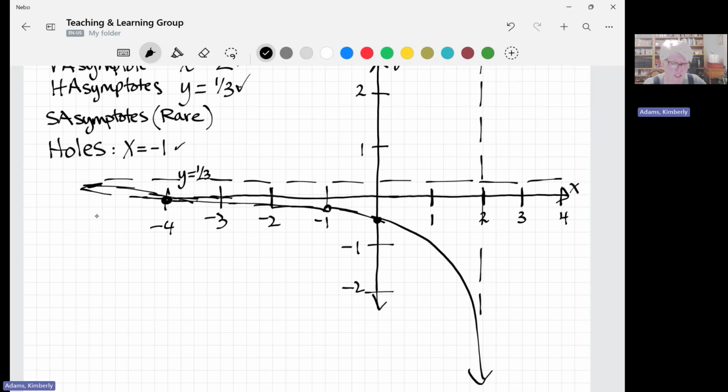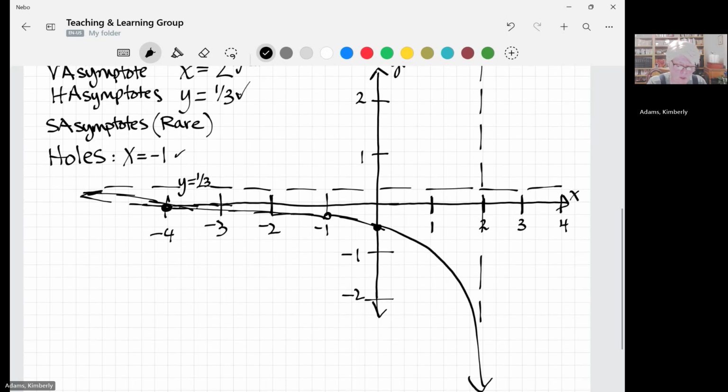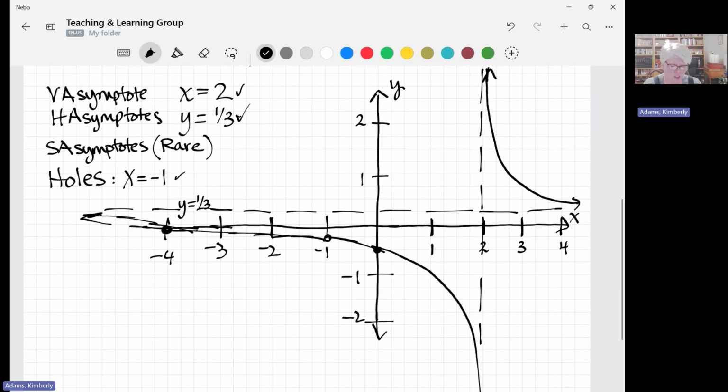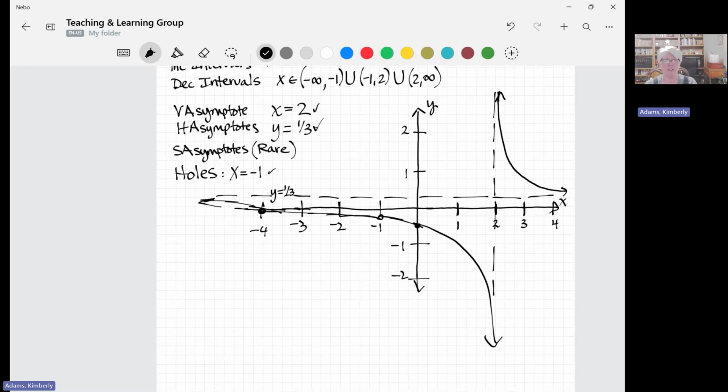As I get close to -infinity, it gets close to this line y equals 1/3. And as I get close to 2 from the positive side, my function is decreasing and decreasing. It meets all the criteria for what we outlined as the behavior of this particular function.